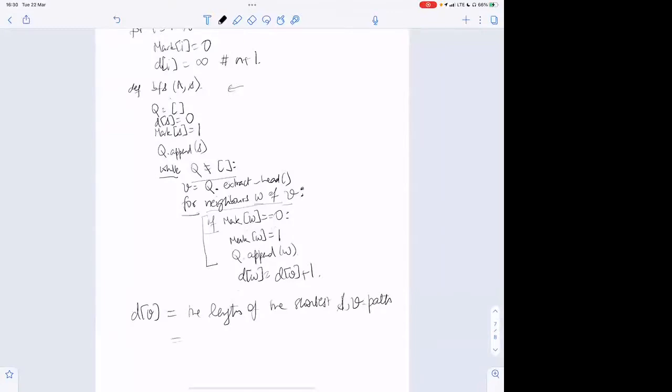And by length, I mean the number of edges on the shortest S comma V path. Correct? So S to S, there is no edge, its distance is 0. S to its neighbors, there's one edge, the distance is 1, and so on. Correct? Are you with me? Yes, sir.